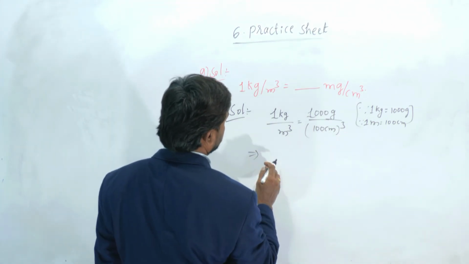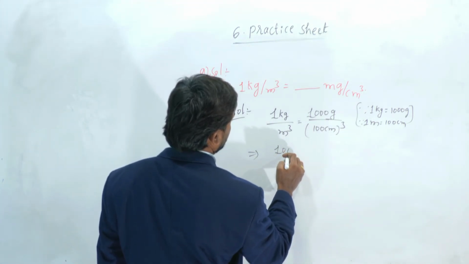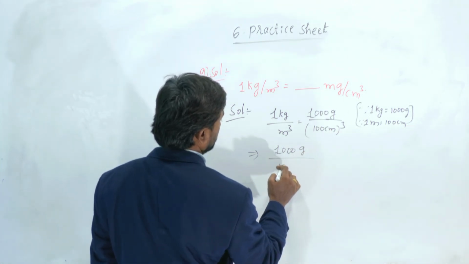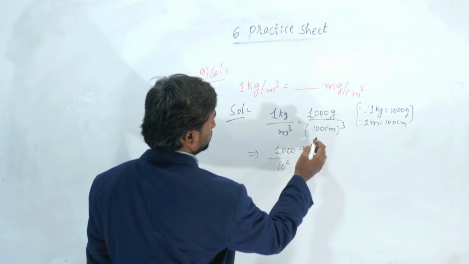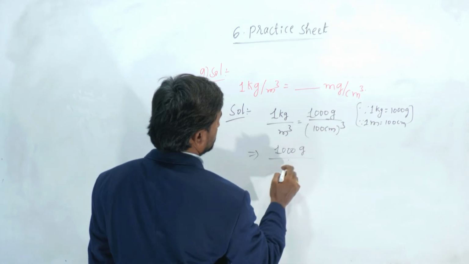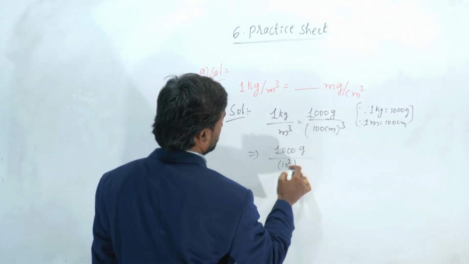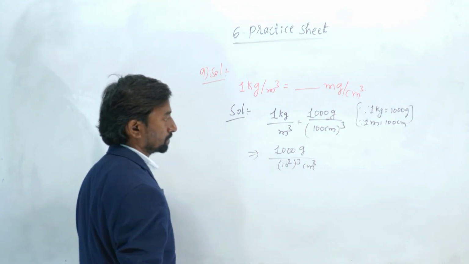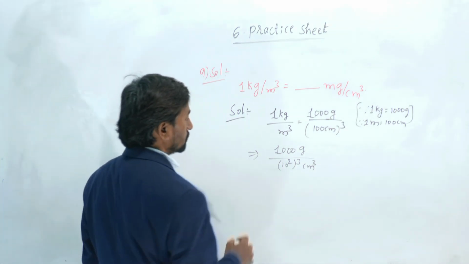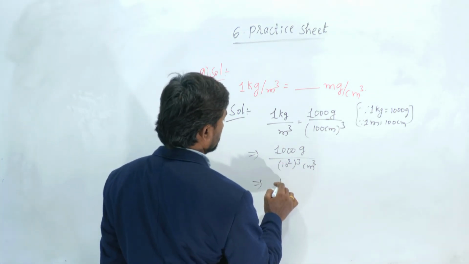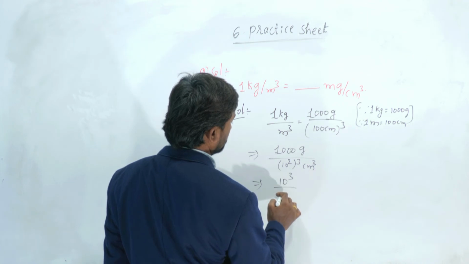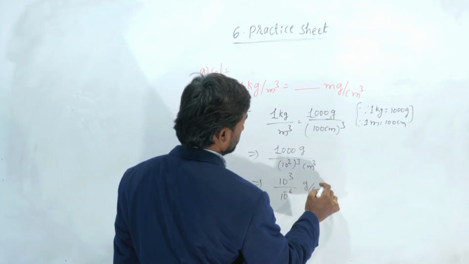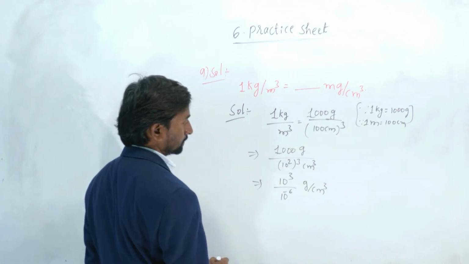So now here we'll get 1000 grams divided by 100, which means 10 to the power of 2, whole cube, centimeter cube. So this can be written as 10 to the power of 3 divided by 10 to the power of 6 gram per centimeter cube.